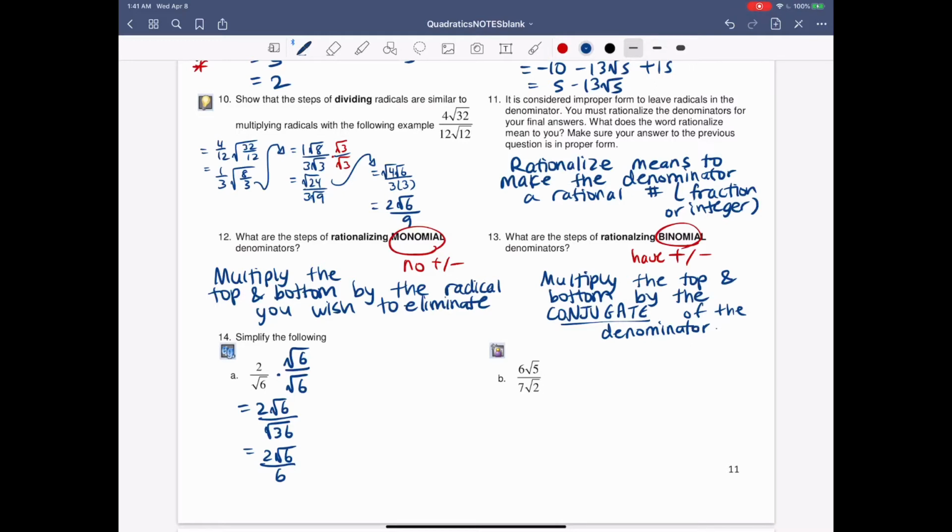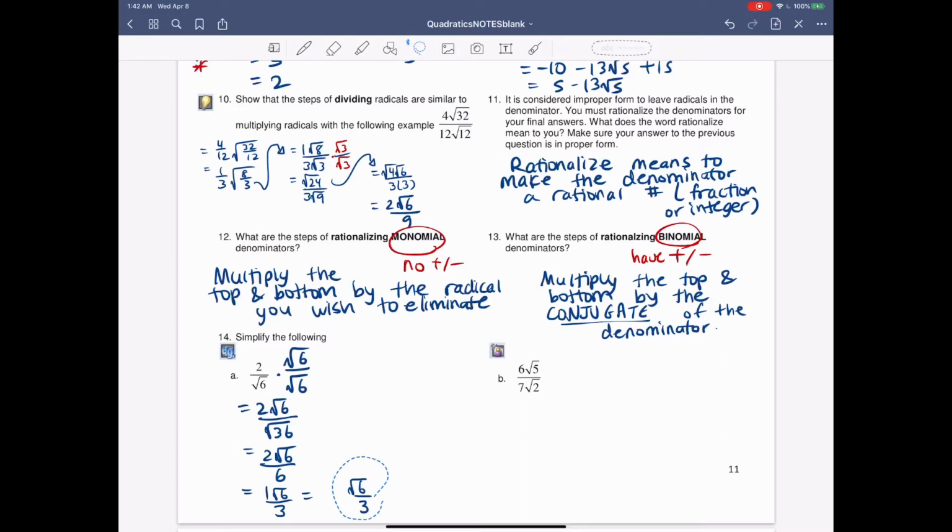I need to simplify my term. So I get 1 square root 6 divided by 3, or square root 6 divided by 3, which is more proper. And so I'm just going to say equals that.